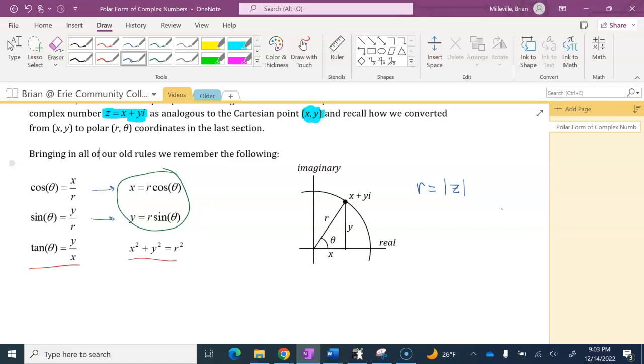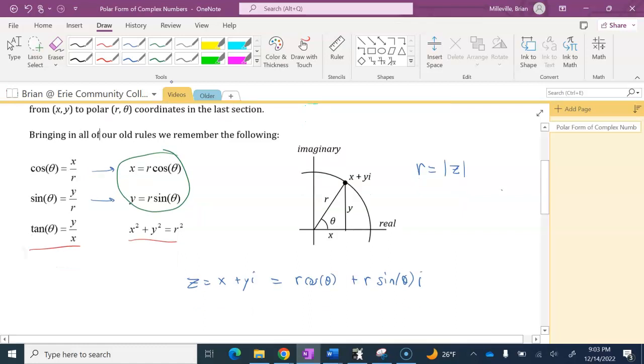So all we're going to do is directly substitute into our complex number z, which is x plus yi. From the polar coordinate conversion, we put in r times cosine of theta for x, and r times sine of theta for y, which is the imaginary component.